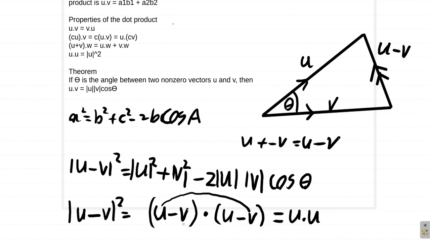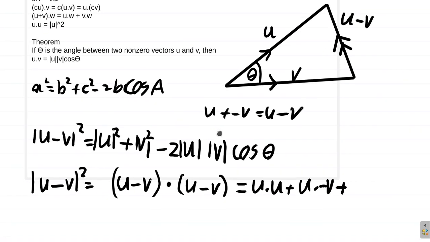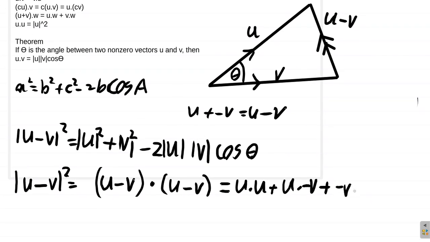We have two different vectors and we're dotting them.